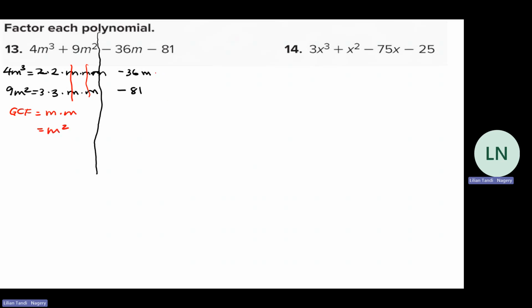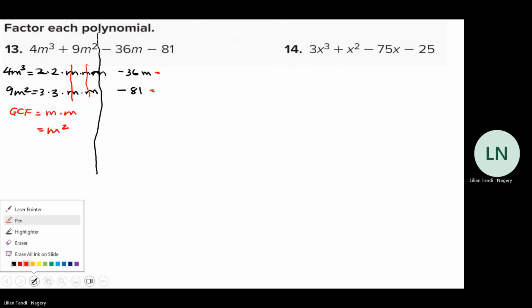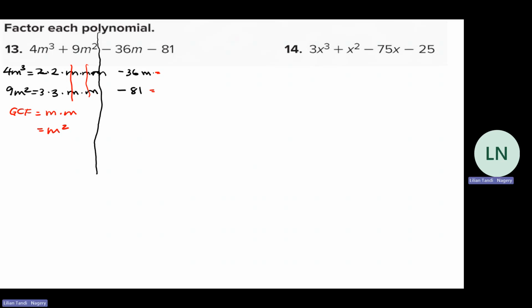All right, let's do it here. Negative 1 times 2 times 2 times 3 times 3, because 4 times 9 is 36. And then we have m. And then here negative 1 times 3 times 3 times 3 times 3.